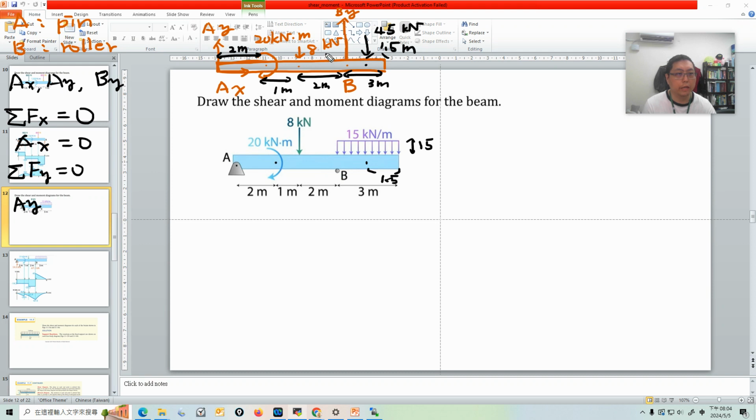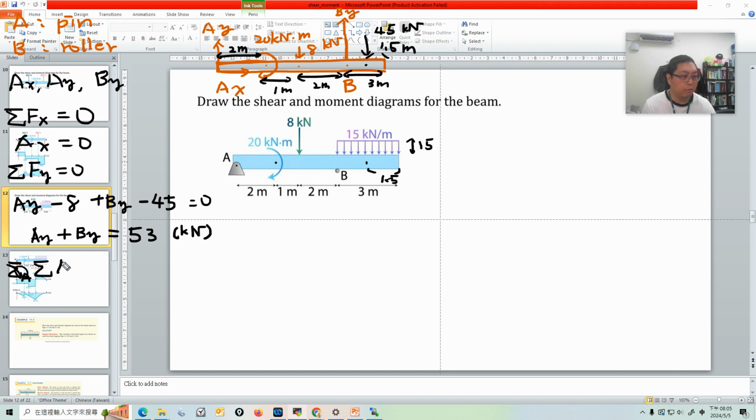The force here is 8 kilonewton pointing down, so it's minus 8, with kilonewton as the unit. Ay, minus 8, and we have By pointing up, and this resultant force, 45 kilonewton pointing down. Added together it is 0. So we have this equation: Ay plus By is 53, and the unit is kilonewton. Let's make a note here.